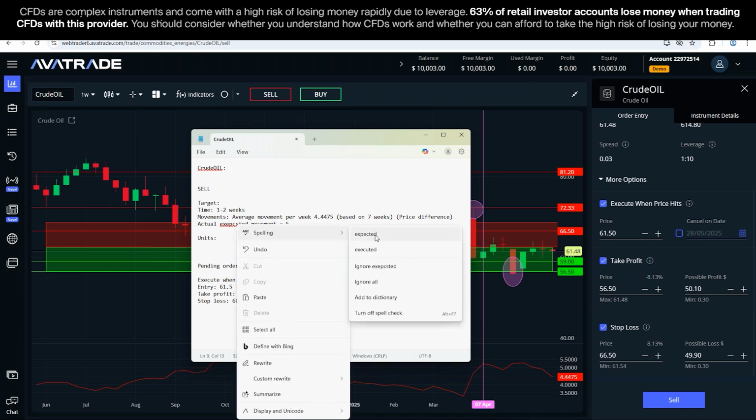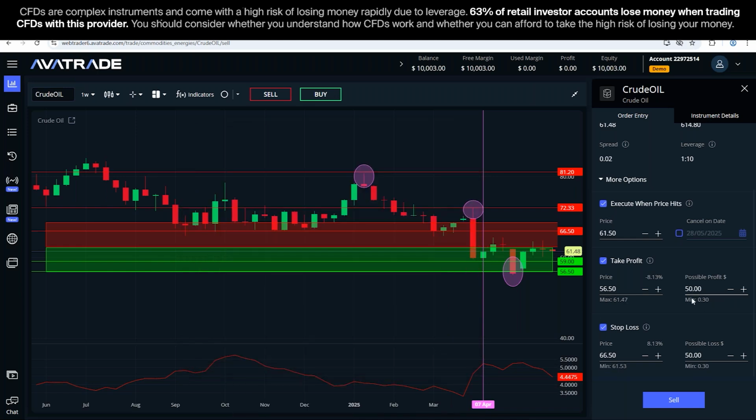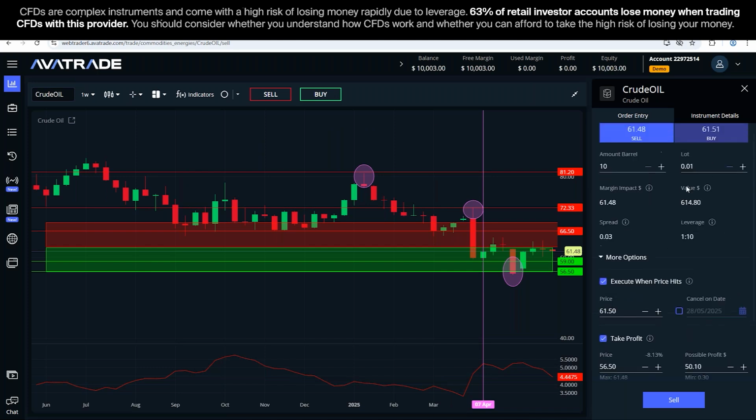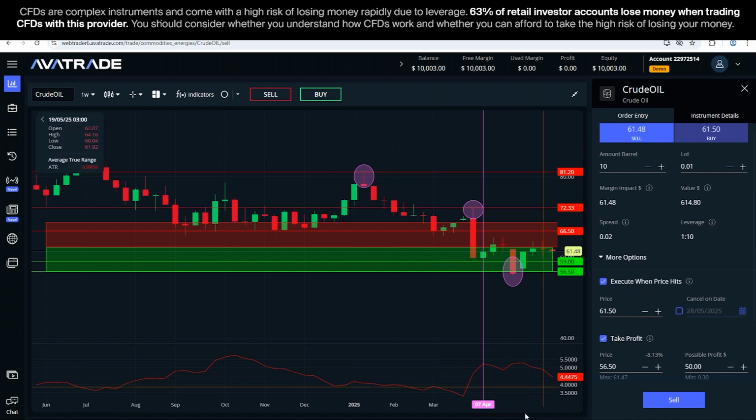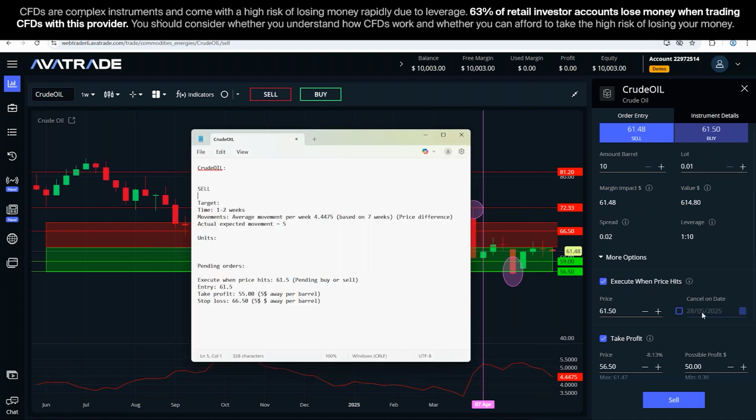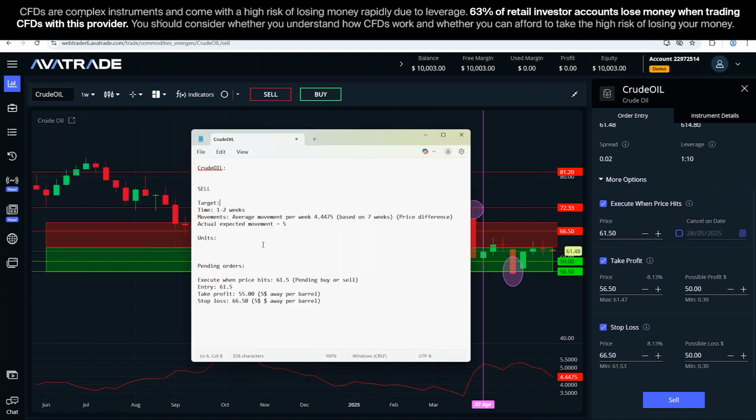Excellent. Now the issue is I'm not really happy making $50. I want to make much more than that. Maybe 500 seems better. So what do I need to do? I'm with 0.01 and making 50, and let's say the target is 500. We've got the ATR, and now we are looking for the units, how many barrels we need.